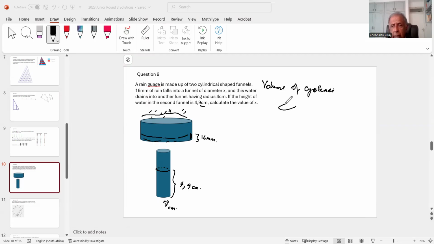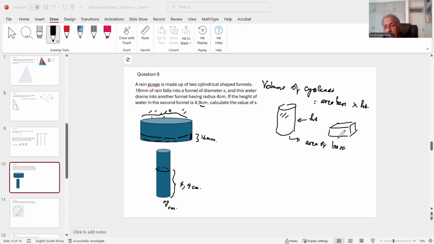The volume of a cylinder, in fact, many of these shapes which have got a cylindrical shape, like all cross sections are the same, is the area of the base times the height. And this always happens. Even a rectangular thing, the volume of a box is area of base times height.